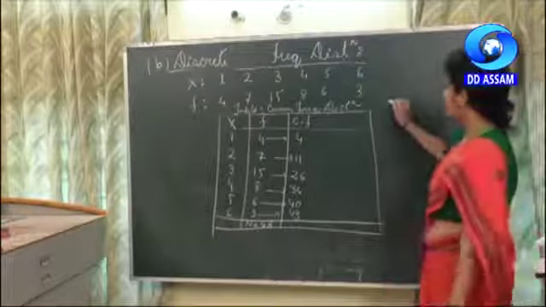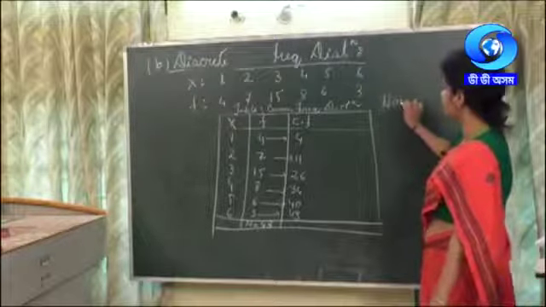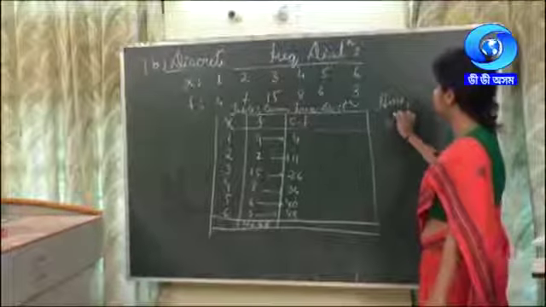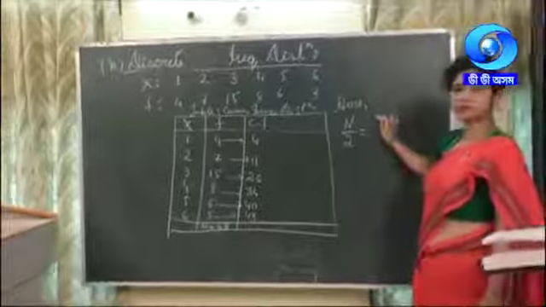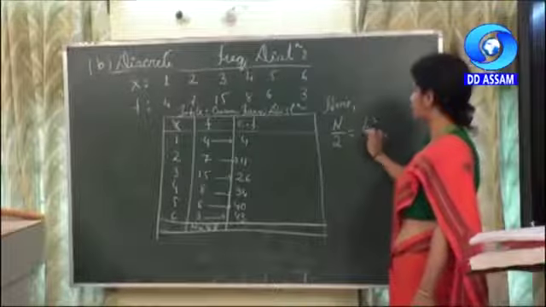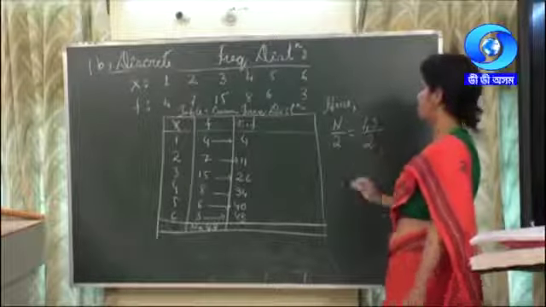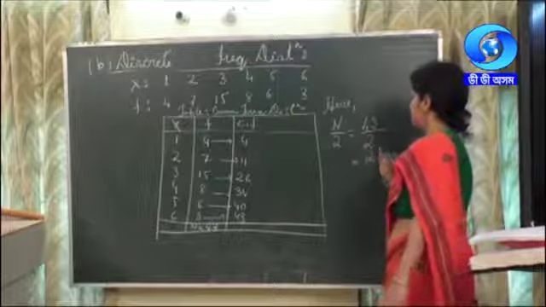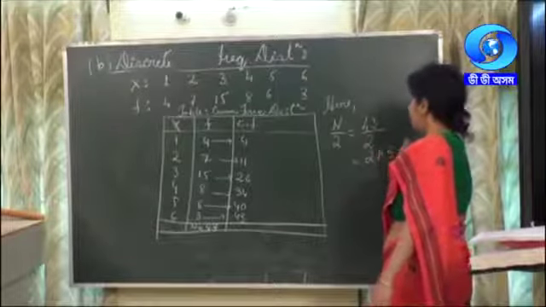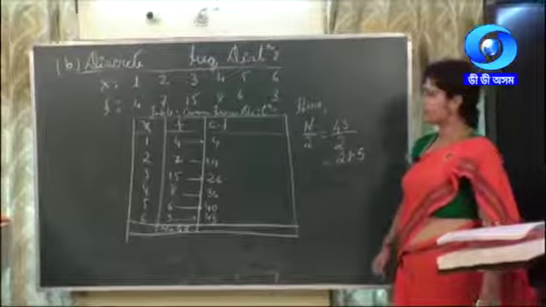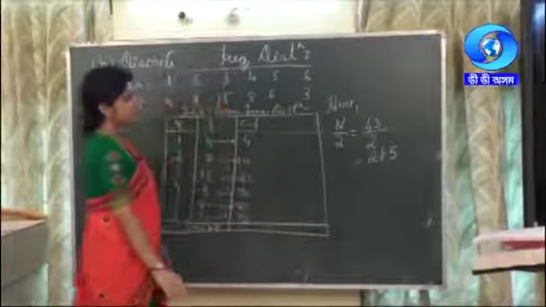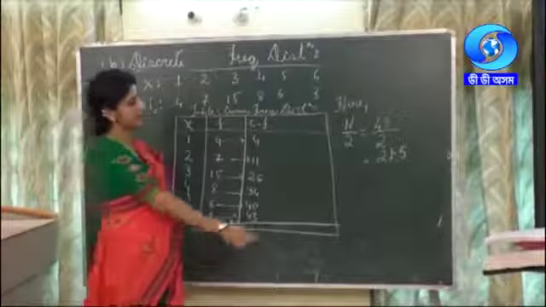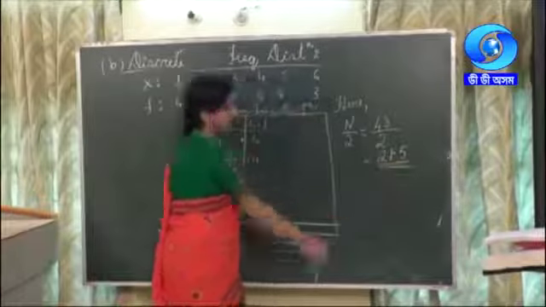So what we do here is, we will calculate n by 2. N by 2 is equal to 43 by 2, that is 21.5. Now we shall look for the cumulative frequency which is just greater than 21.5.